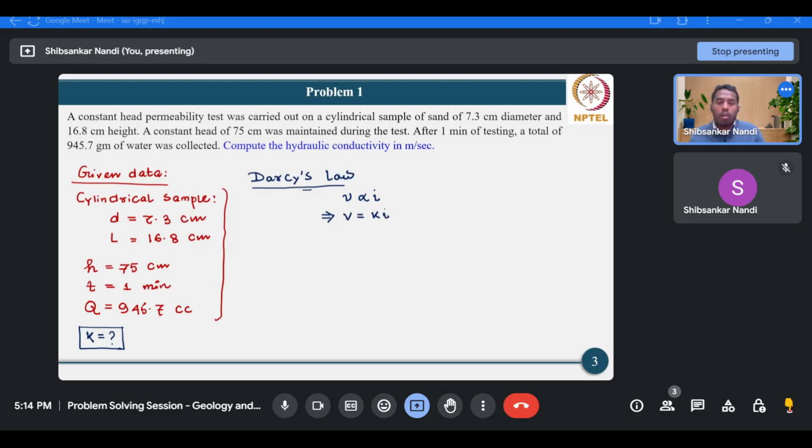If we use a proportionality constant K, that is nothing but the coefficient of permeability, or we can say hydraulic conductivity, and this I is hydraulic gradient, and this V is velocity of flow.